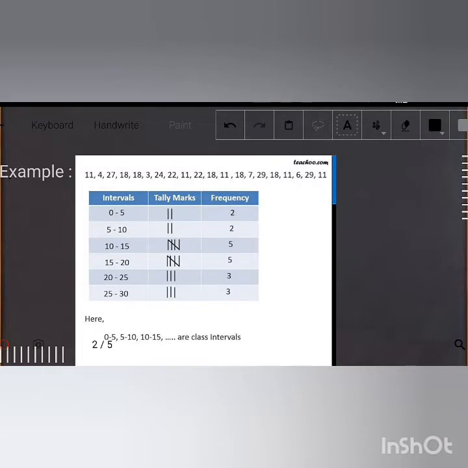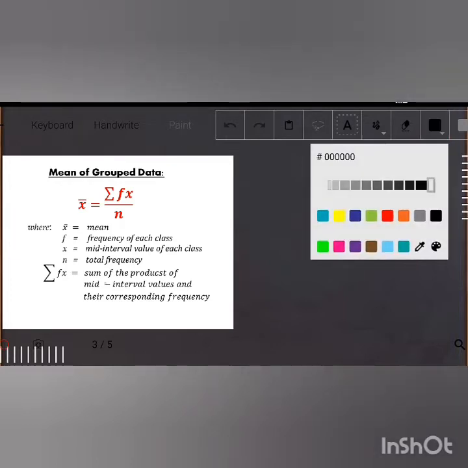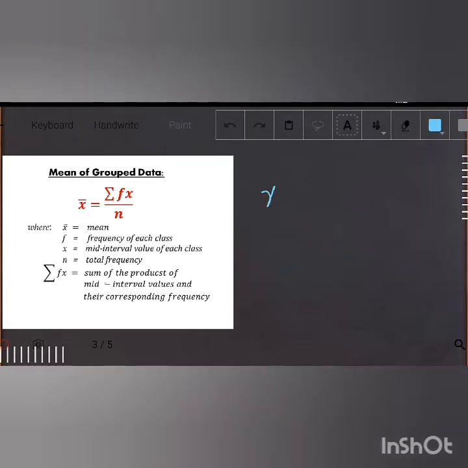Now let us see how to find out the mean of grouped data. Here if you see mean of grouped data, you have formula x bar equal to sigma fx by sigma f, that is, sigma fx divided by n. What does this x bar mean?